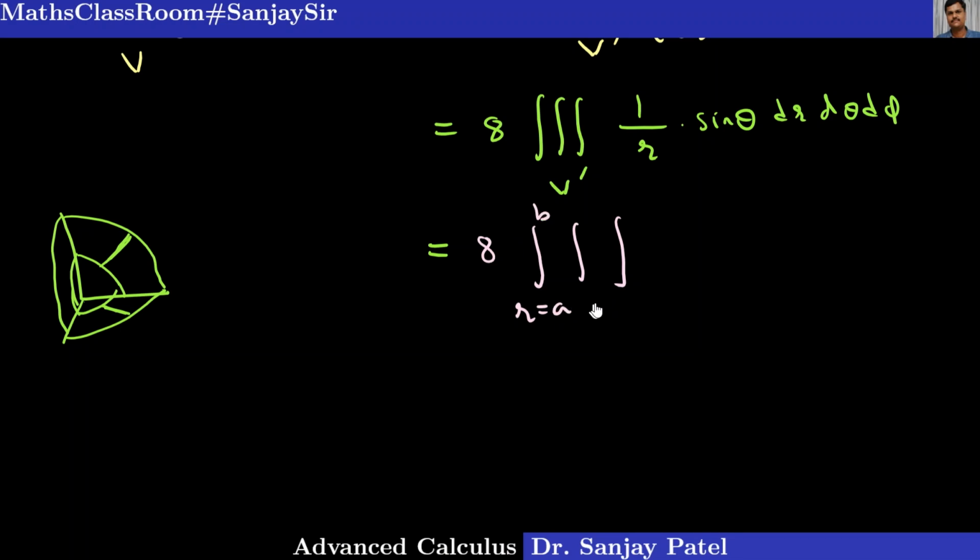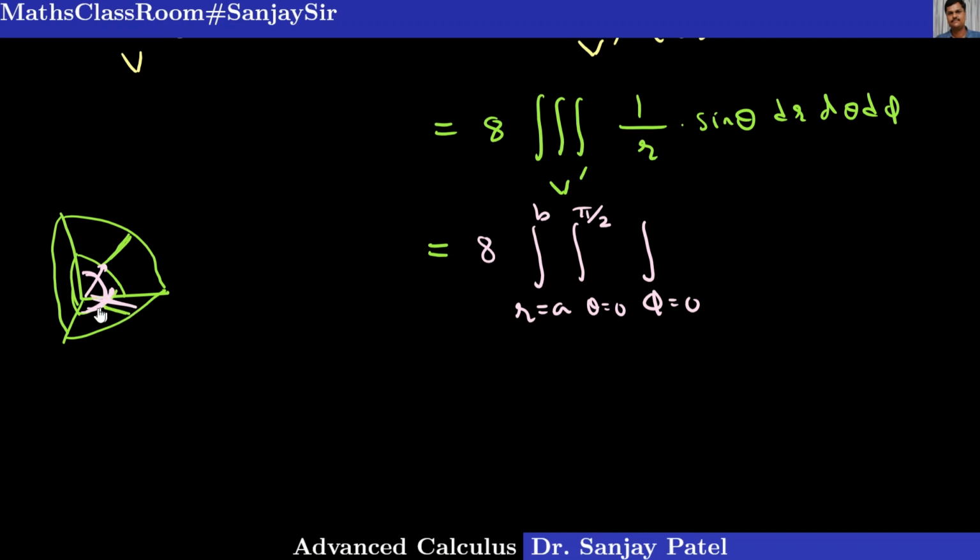Then theta varies, which is the angle here, so theta varies from 0 to pi by 2 only in this first octant, and phi varies from again 0 to pi by 2.